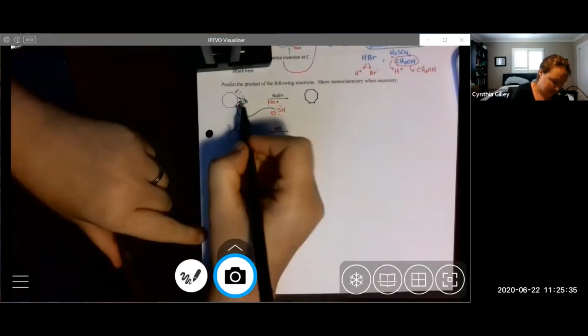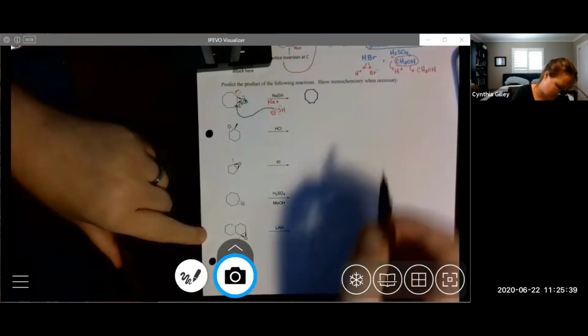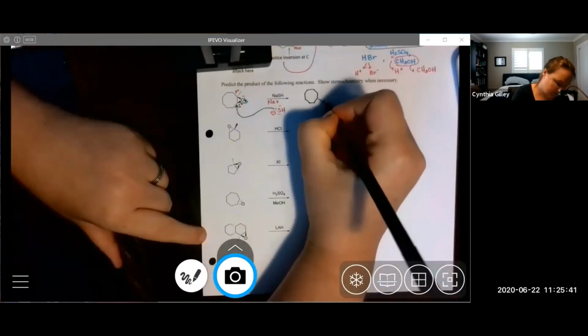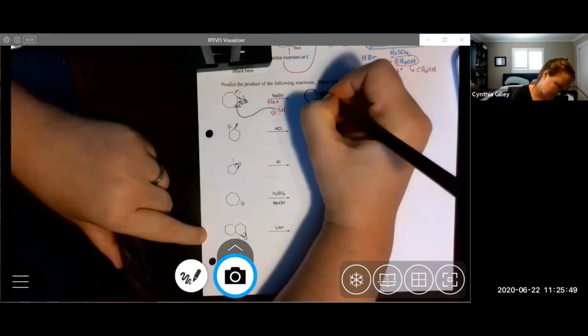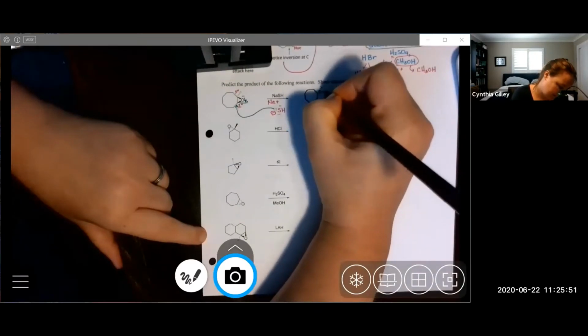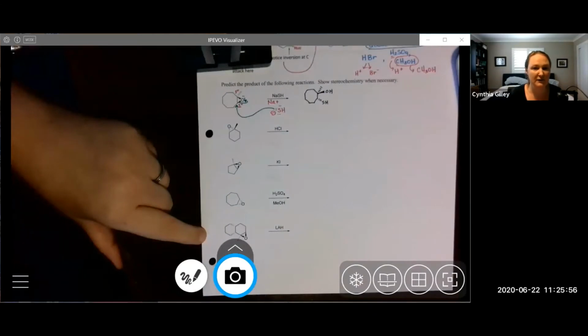This leaving group, the oxygen here, was on a wedge, so we're going to draw the nucleophile on a dash, because we did inversion there. The other carbon's stereochemistry stays the same. We did not invert that carbon. After the oxygen left with a negative charge, it picks up a proton in the workup. So that's how we draw that product.